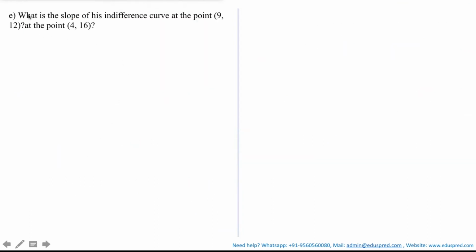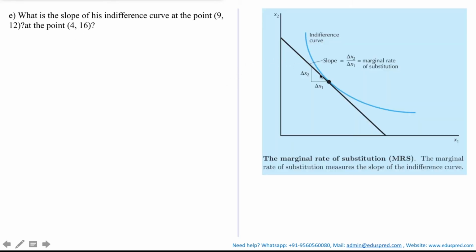Moving on to the next part, it says, what is the slope of the indifference curve at the point (9, 12) and at the point (4, 16). So like previous parts, what we have to do is just figure out the slope of the tangent at that point and we will be able to figure out the slope of the indifference curve at that point. Now we have the point (9, 12).